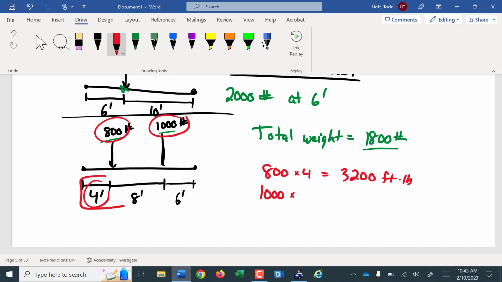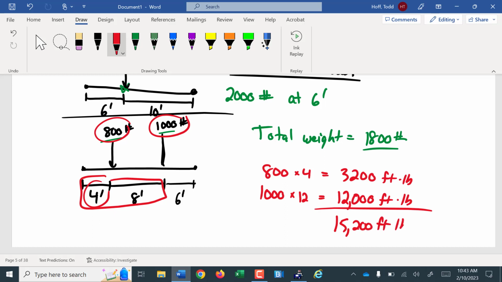Careful. 12 feet. So that is 12,000 pounds, or 12,000 foot-pounds. We add those together, we got 15,200 foot-pounds of total load. Now, this is actually a moment. It's a rotation about, since we were going from this end, it's about this end of that structure.